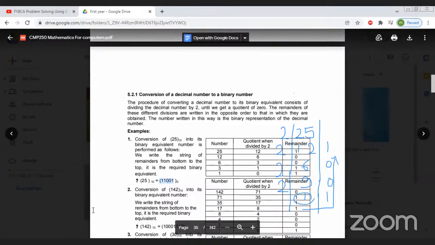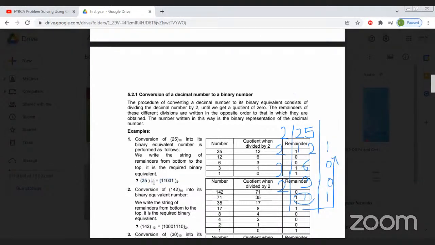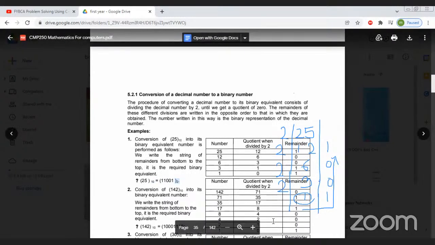Yes, ma'am. So you have to represent it. See, first it was in decimal, therefore we added 10. But now we have converted into a binary number, so to the suffix side, you have to use 2. This was conversion of decimal number to a binary number.